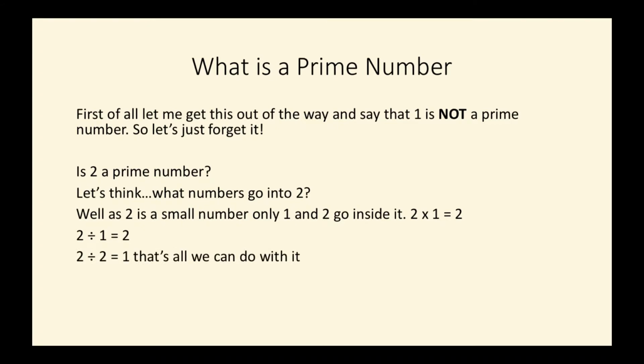That's all we can do with it. We can't do anything else with the number 2. It's not like the number 80, where lots of different numbers will go into that. Okay, 2 only has those 2 factors, 2 and 1. So 2 is a prime number because only those 2 factors go inside.